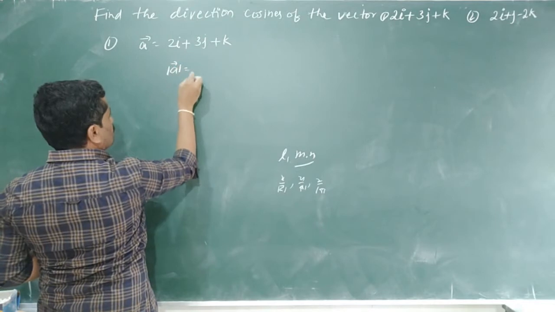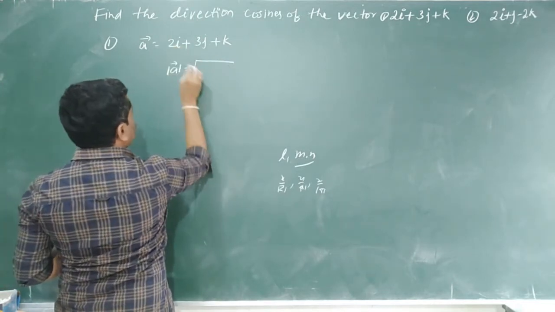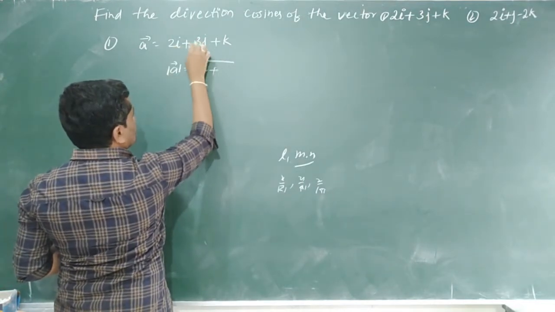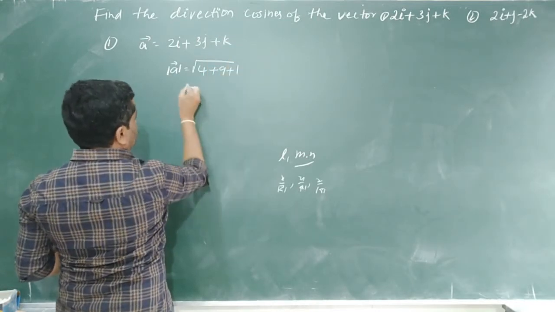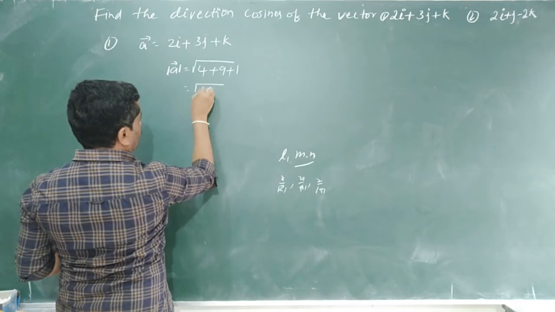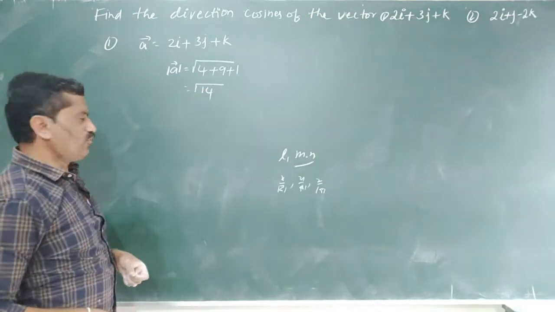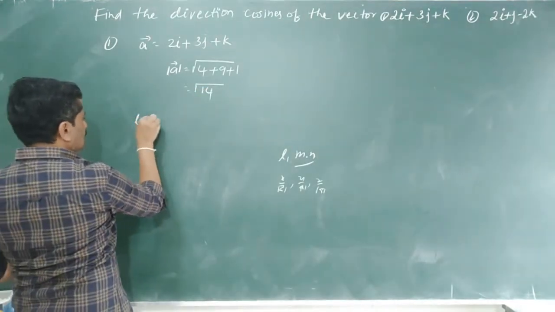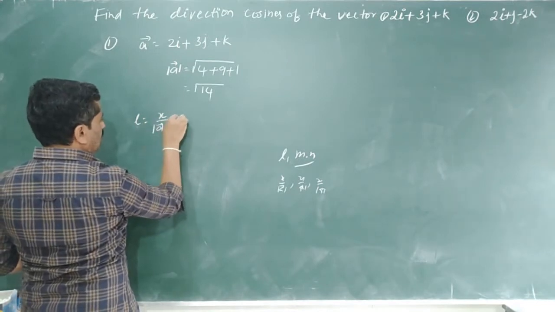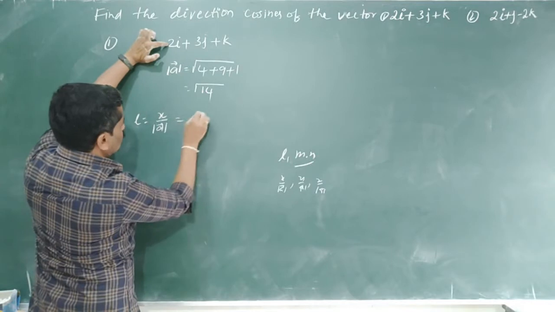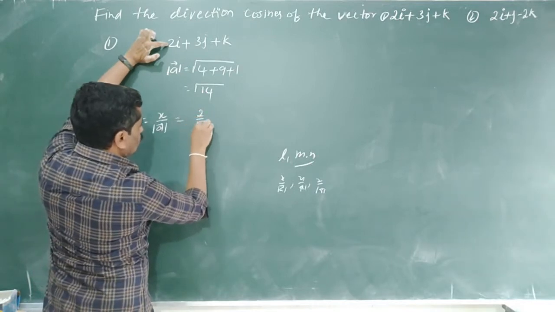Magnitude of a bar is equal to square root of 2 square, we have 4, plus 3 square, we have 9, plus 1 square, we have 1, that is equal to root 14. Therefore L, what is L? L is equal to x divided by magnitude of a bar. That is, what is the x value? 2. That is 2 divided by root 14.